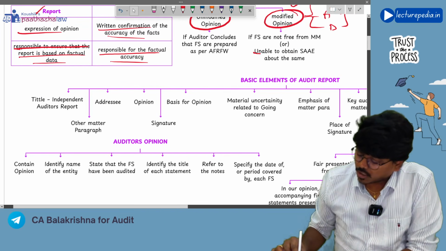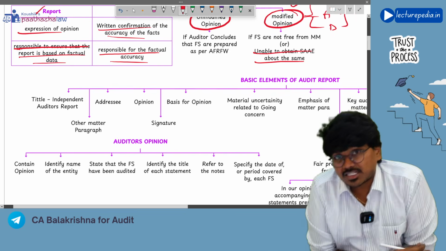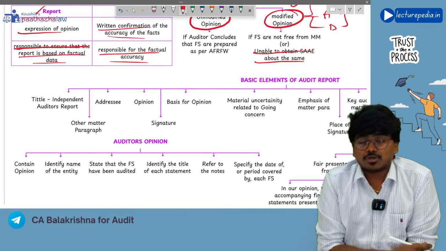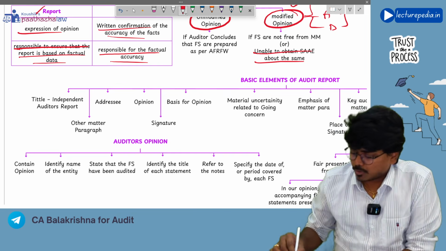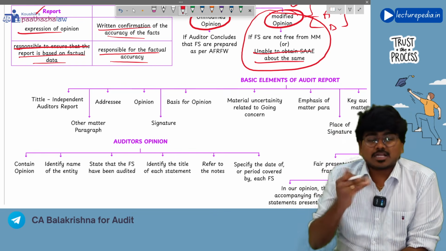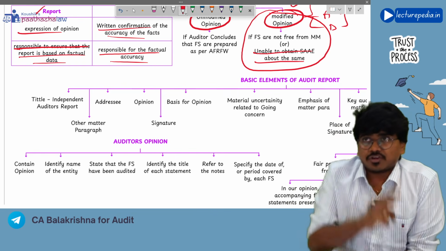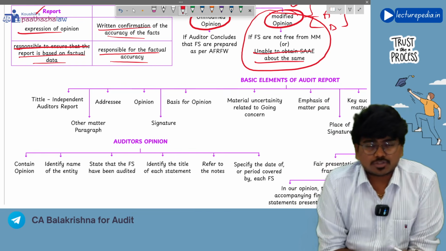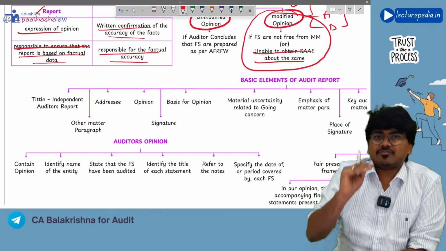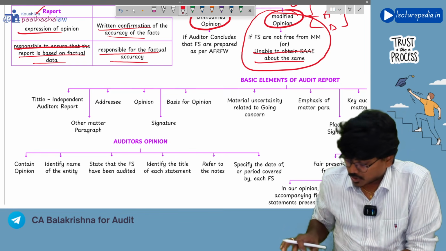Or if you are not able to obtain sufficient appropriate audit evidence, in such a situation also you will give a modified opinion only. About this, which type of opinion in which situation, we will see clearly in SA-705. I have prepared a chart for you, so with the help of that chart you can easily remember whether to give qualified, adverse, or disclaimer.